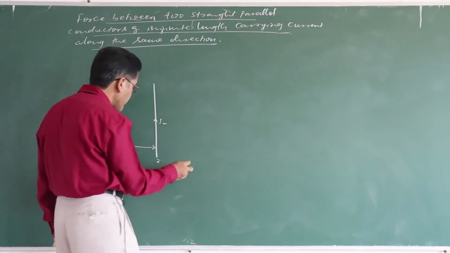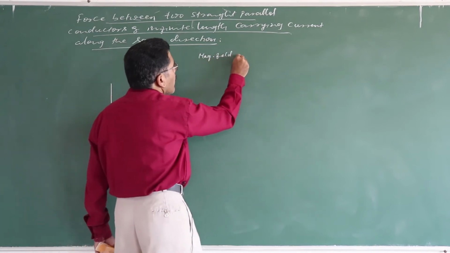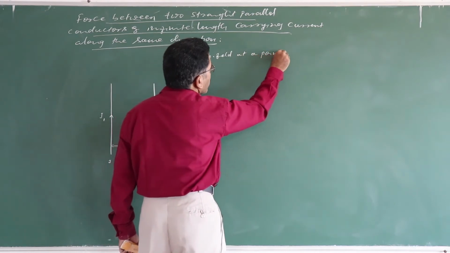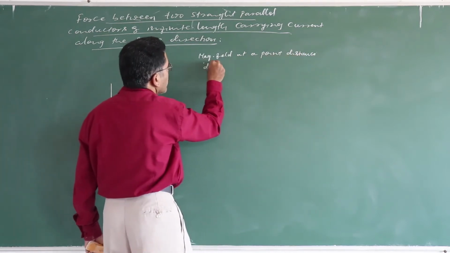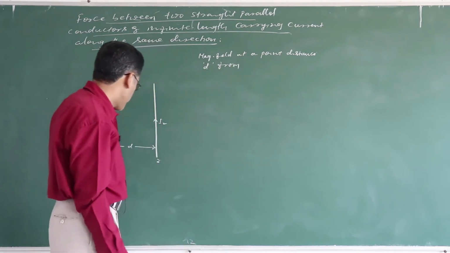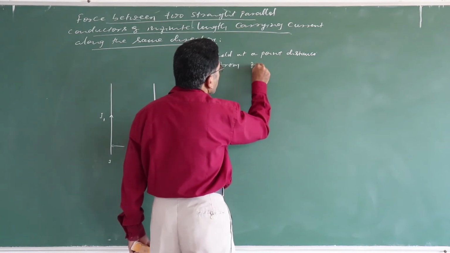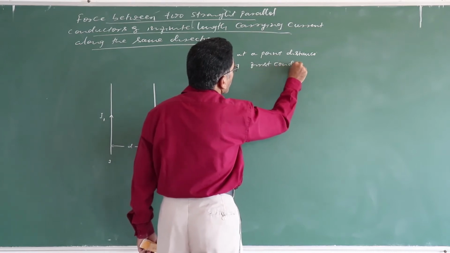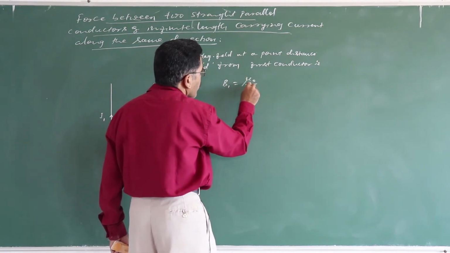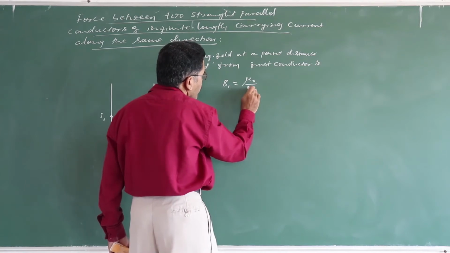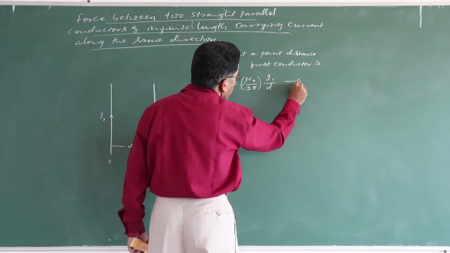The magnetic field at a point, distance d from conductor 1, the first conductor, is B1 equal to mu naught by 4 pi, or you can write mu naught by 2 pi I1 by d. Let me call this equation 1.